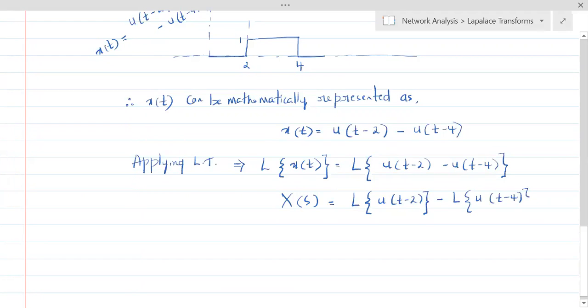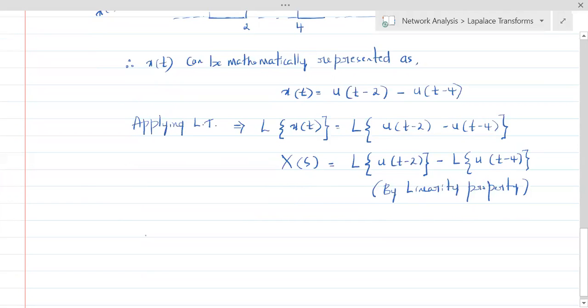Which property is used here? We have split it into two terms and applied the Laplace transform to each. This is by linearity property. Okay.